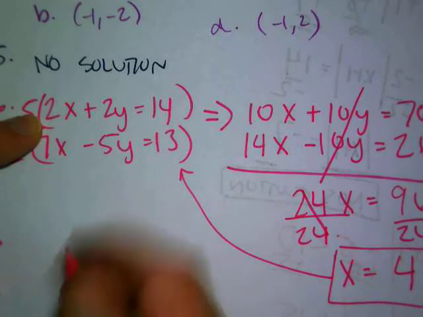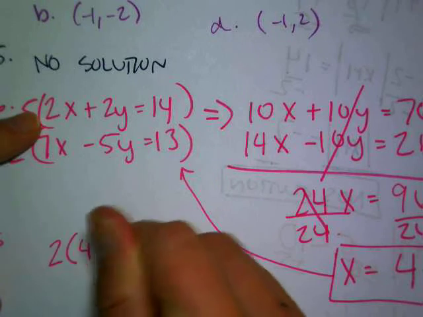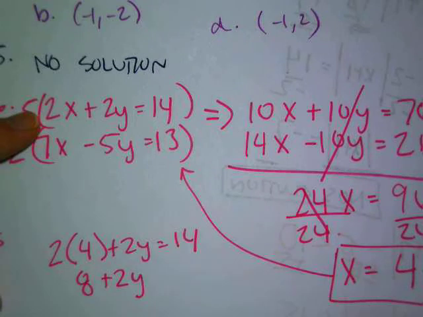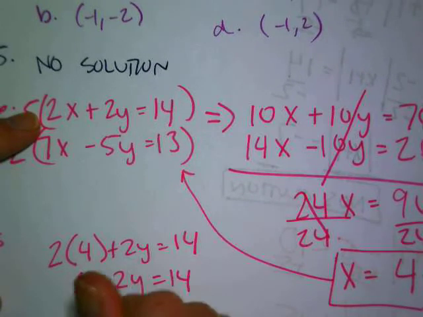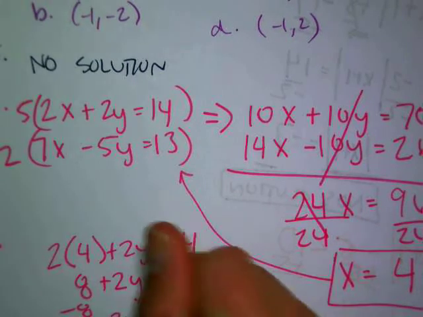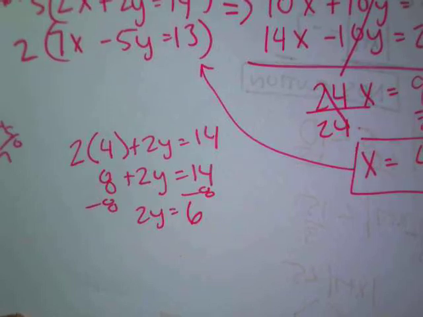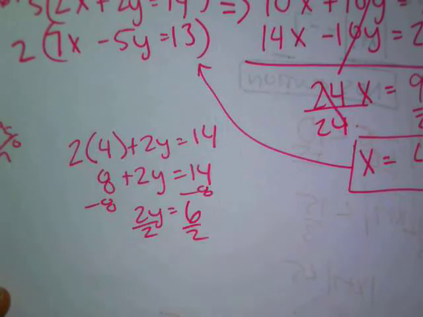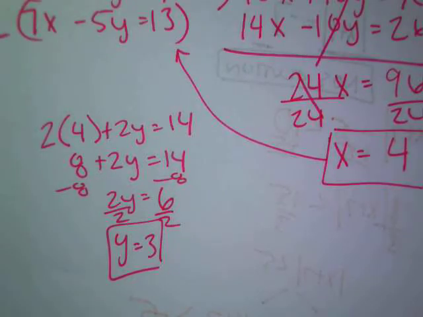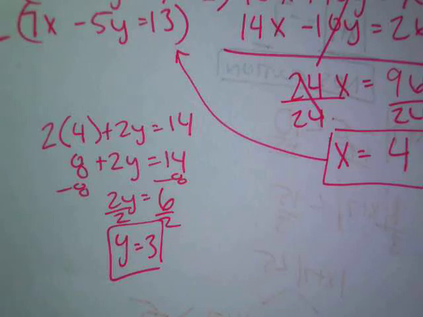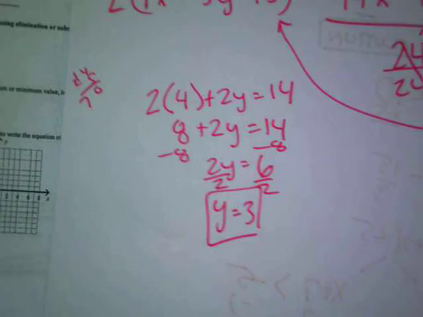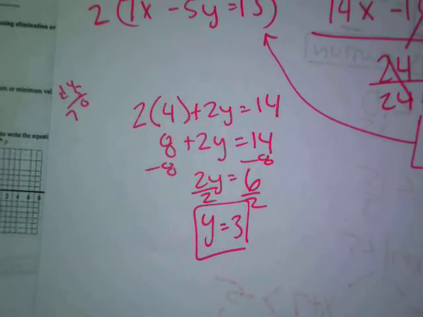I'm going to pick the top one. 2 times 4 plus 2 times y equals 14. 8 plus 2y equals 14. That's 6. Then divide by 2, and so y is 3. So your answer is 4 and 3. That one had a lot of work to it. Now, number 17.